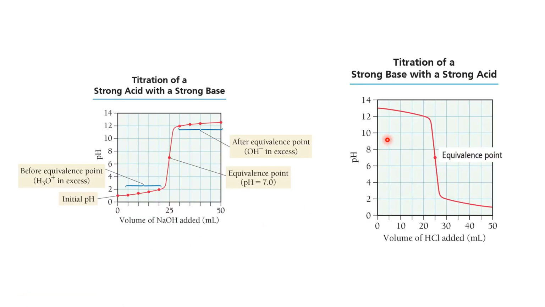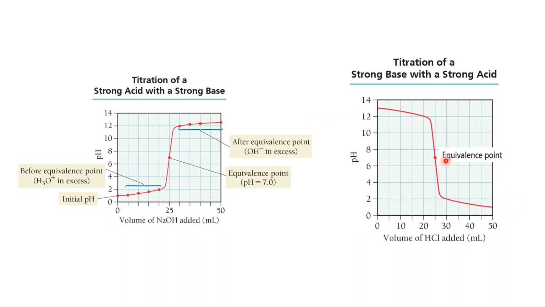Well, it's going to be the reverse situation where you start, here's your initial pH with no volume of HCl added, right? At 0, you just have strong base. You don't have any acid. You're not adding any acid yet. So obviously your pH is going to be really high, really basic, because you haven't added any HCl. But you're going to go down in an S-curve fashion in the same way that you go up in an S-curve fashion.